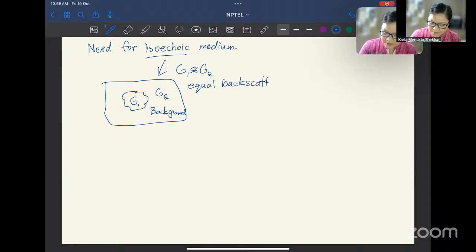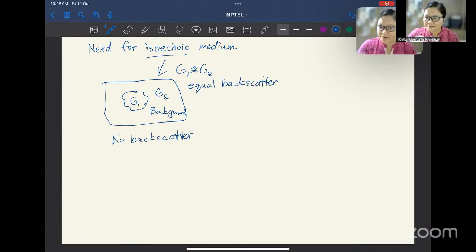If you see something that has no backscatter, it just means that the backscatter from that tissue is at the lowest detection limit of your system. So in a B-mode image that is mostly black. But one can also adjust the dynamic range, which I described earlier.